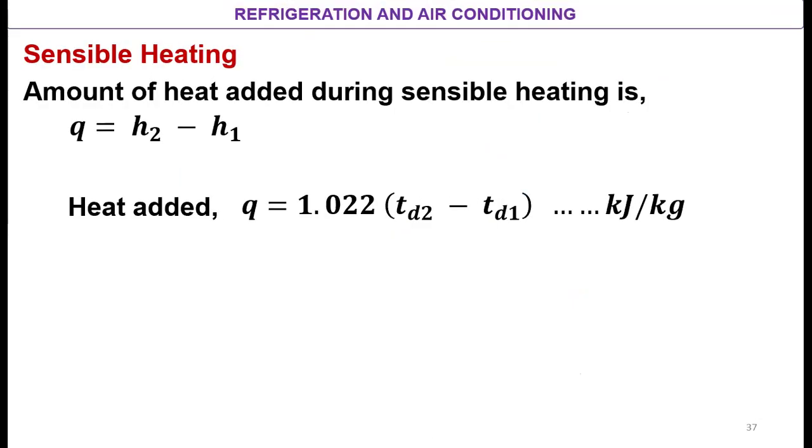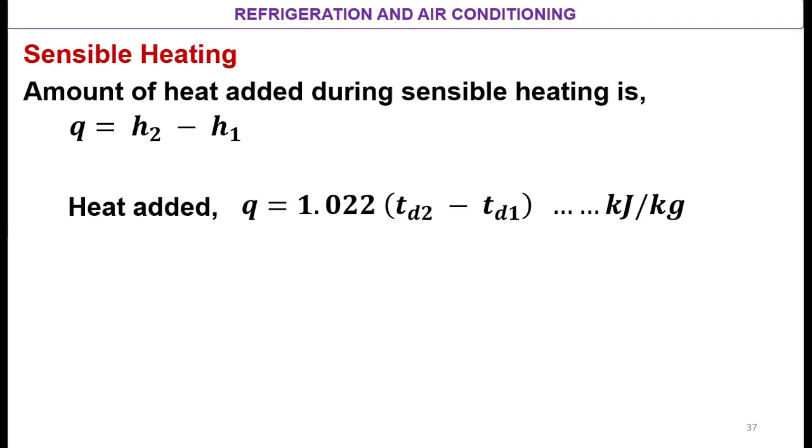And write down this equation for the heat added during sensible heating. Q equals the difference of enthalpy, final enthalpy minus initial enthalpy. This is the heat added to the coil.